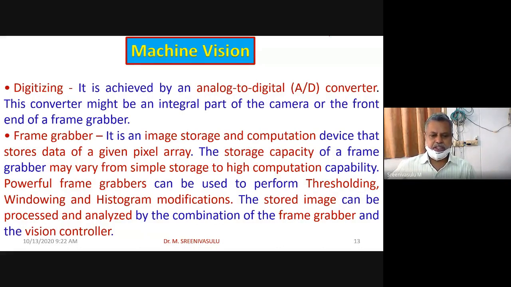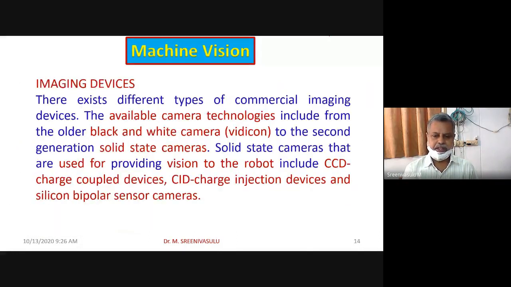The stored image can be processed and analyzed by the combination of the frame grabber and the vision controller. Okay. The controller takes the support of the frame grabber in order to manage the data, manipulate the data, or rather to understand that particular data.